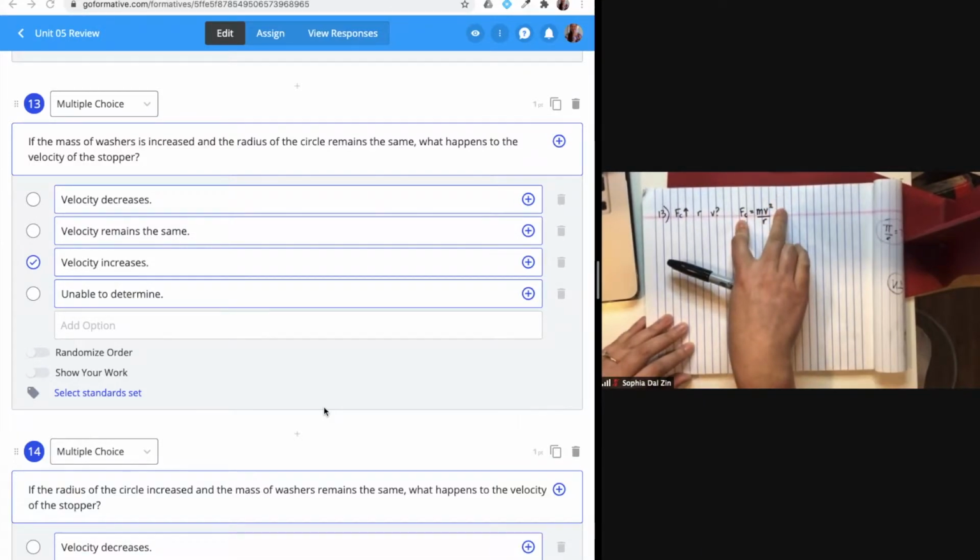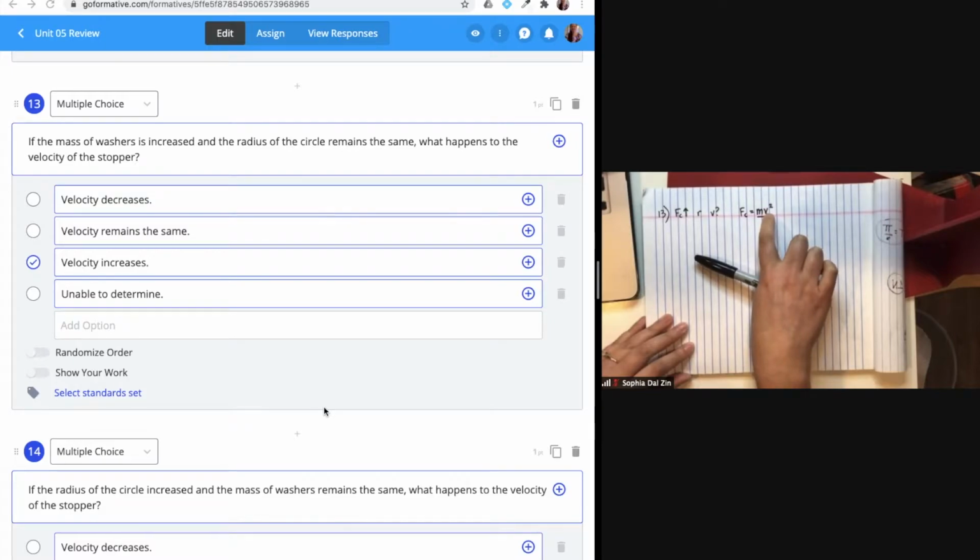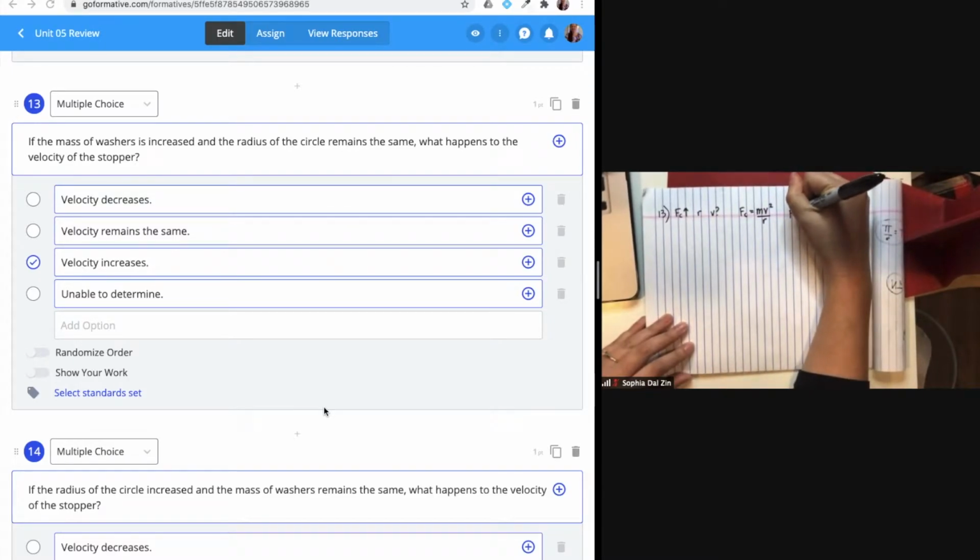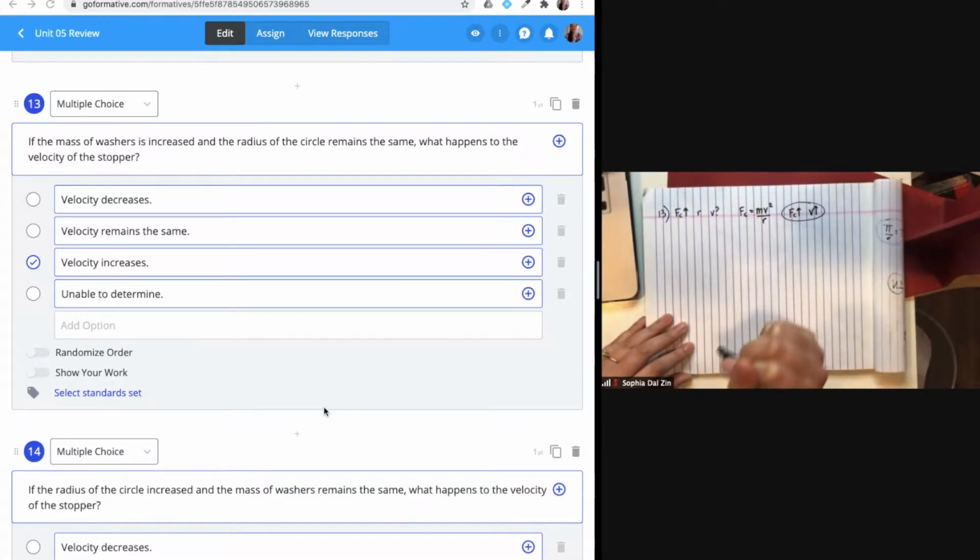Force and velocity are related to each other by this square. So that means, since v is in the numerator here, that if force goes up, velocity goes up. And that kind of makes sense to me. I put down for number 13, velocity increases, because if I apply more force, it spins faster.